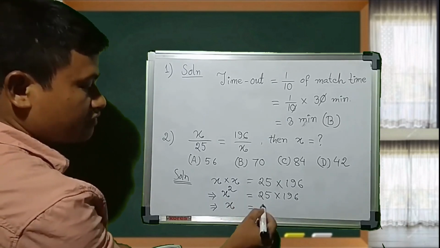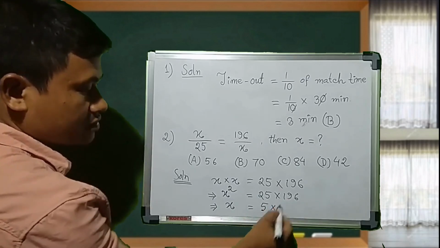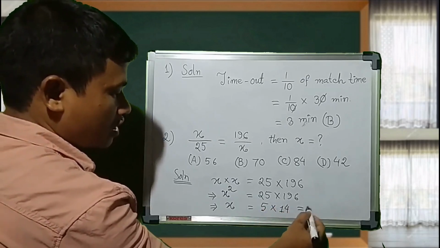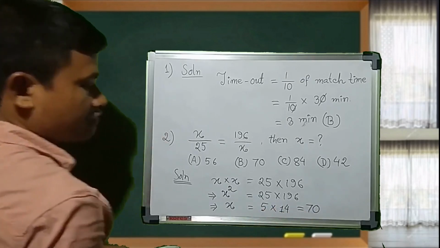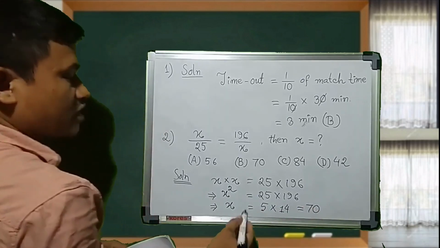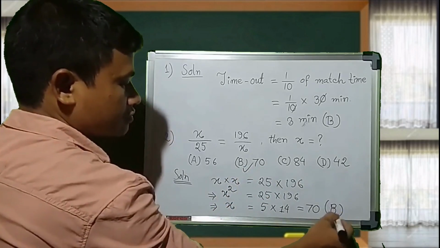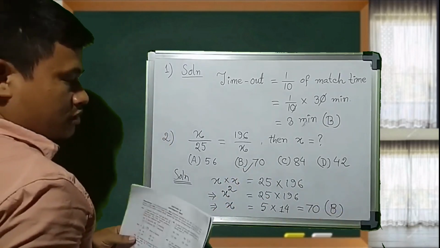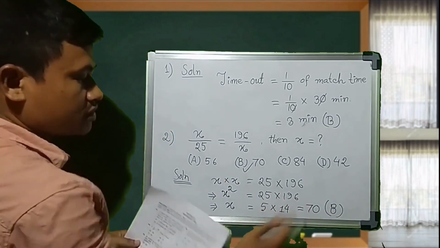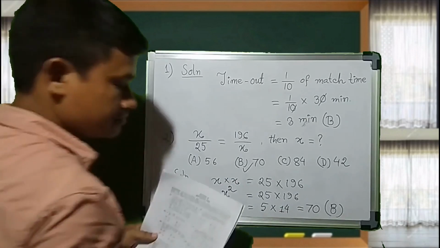The square root of 25 is 5, and the square root of 196 is 14. So the answer is 14 5s are 70. So which is the right option? B is the right option. This is how you can solve these questions within a short period of time.